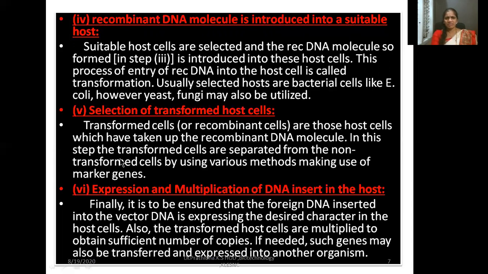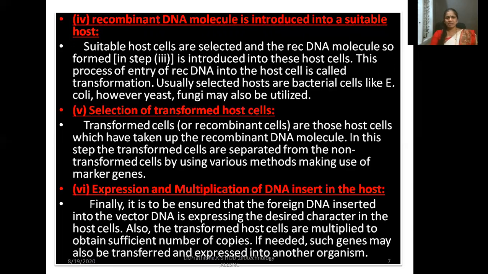In this step, the transformed cells are separated from the non-transformed cells by various methods, making use of marker genes. By using different screening and selection methods, we choose only the transformed cells. We'll see many different varieties of screening and selection methods and we'll be using them.